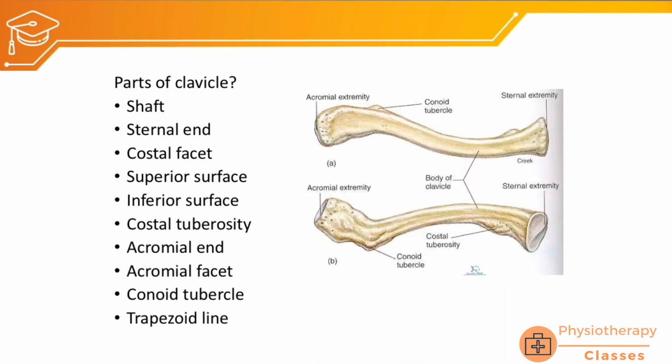We all know from anatomy that the clavicle has a shaft, a sternal end and a scapular end. Towards the sternal end, it has a costal facet and a costal tuberosity. Here you can see in the second picture, it has an inferior surface which contains two landmarks, the conoid tubercle and the trapezoid line.